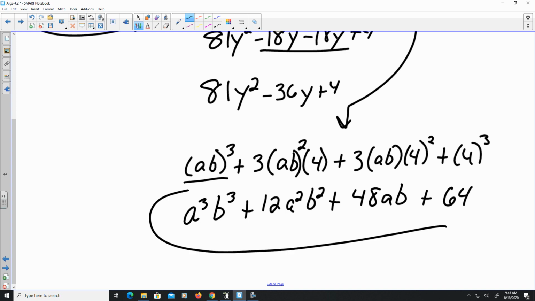So my result is a cubed b cubed plus 12a squared b squared plus 48ab plus 64.